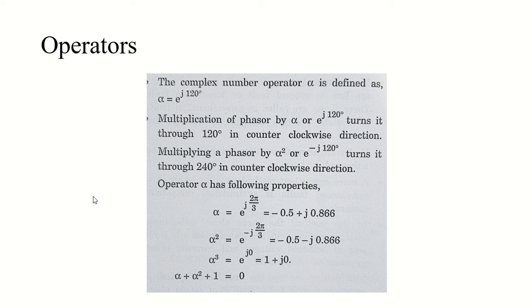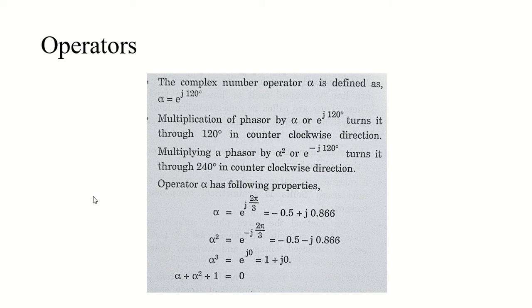An interesting fact is that the summation of alpha plus alpha square plus 1 will always be 0. Why? Because all three phases are 120 degrees apart from each other and their magnitudes are equal, which provides the balance to your system. Because of that, alpha plus alpha square plus 1 will always be 0.